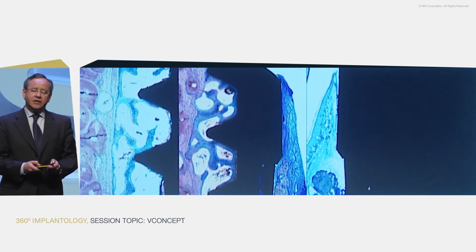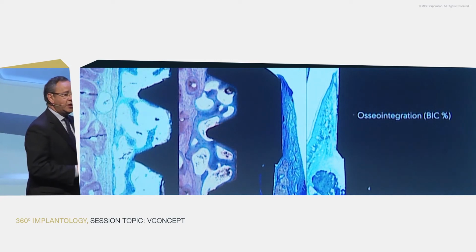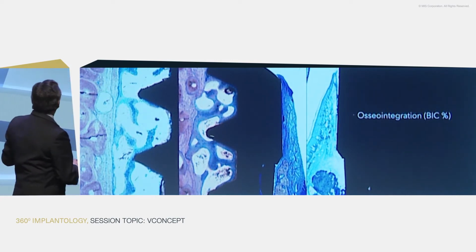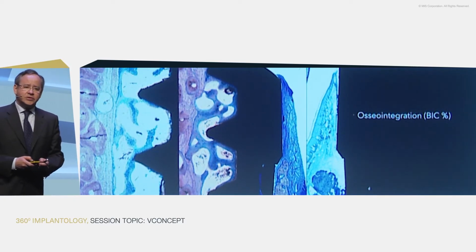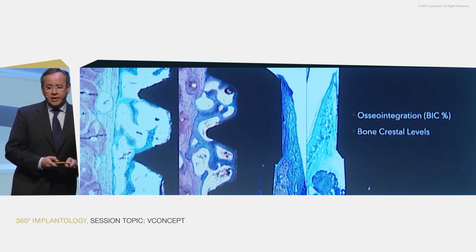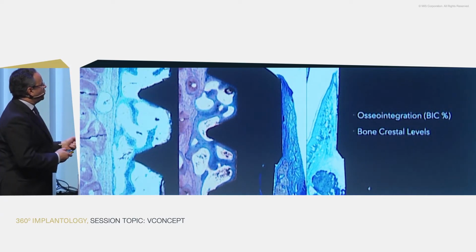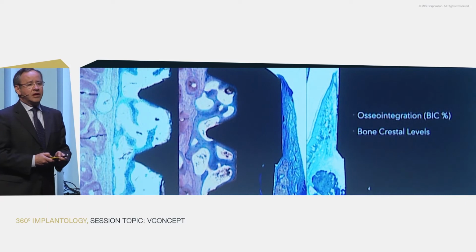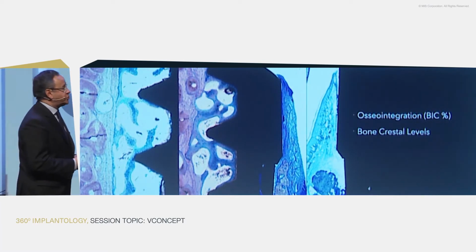And clearly, when we have done these histological studies, I think it's important that you understand what outcomes we have measured. And we have measured, of course, the degree of osseointegration, which is, of course, the quality of the bone-to-implant surface. We have also looked, and this is crucial, as Dr. Ignacio exposed before, to the maintenance of bone crestal levels, that is the relationship between the bone crest to the implant to abutment connection.